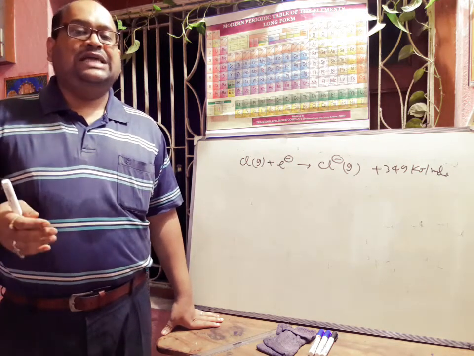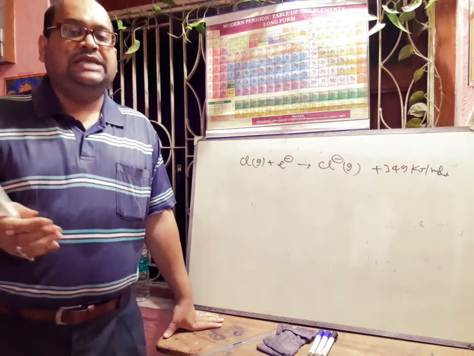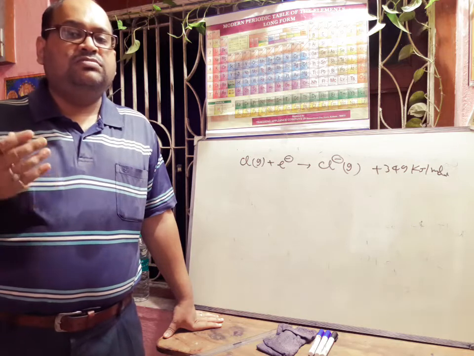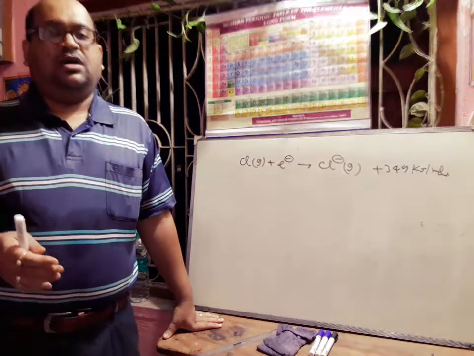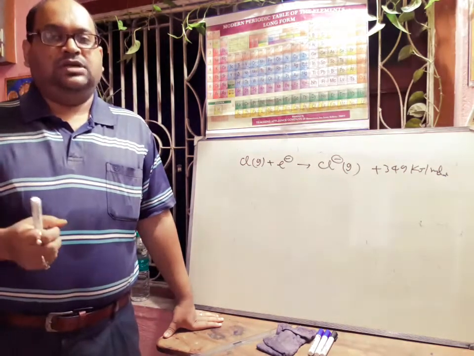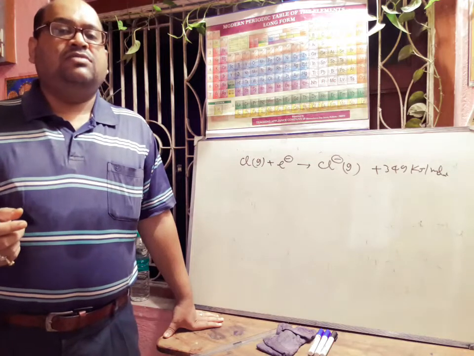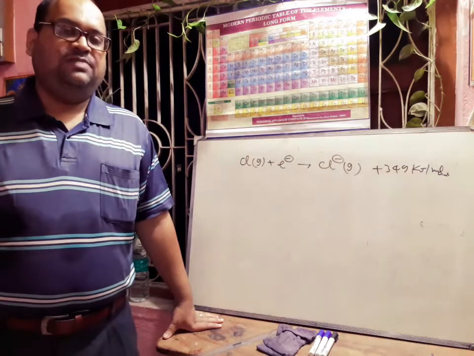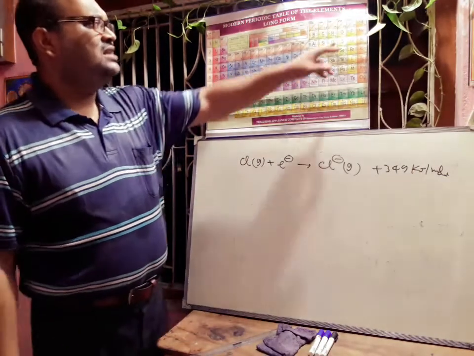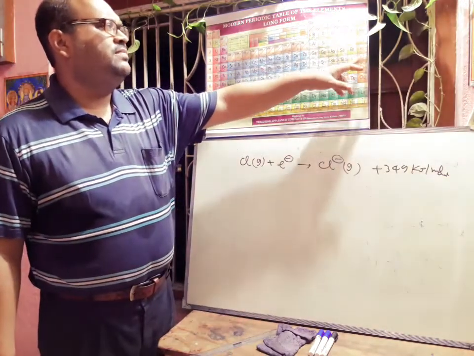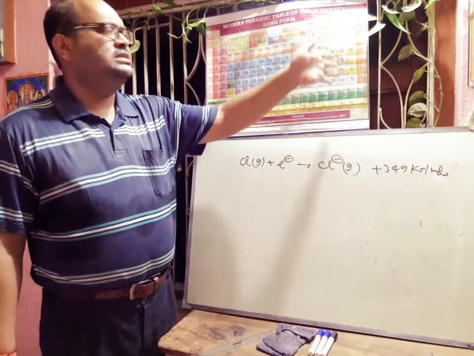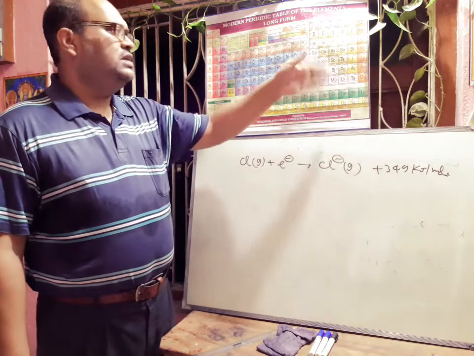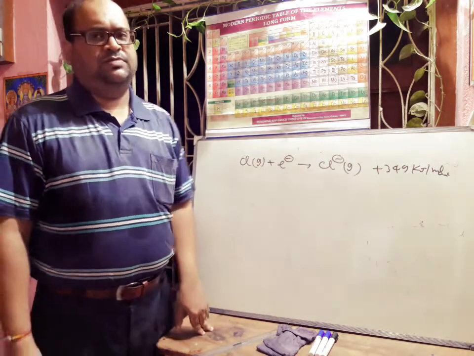Next is the electronic configuration. An atom with stable electronic configuration has no tendency to gain or accept one electron. Such atoms have almost 0 electron gain enthalpy or electron affinity. Here helium, neon, argon, krypton, xenon, radon, their valence shell is already filled up. So their electron affinity value will be almost 0.